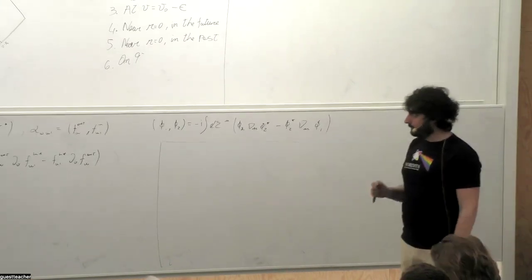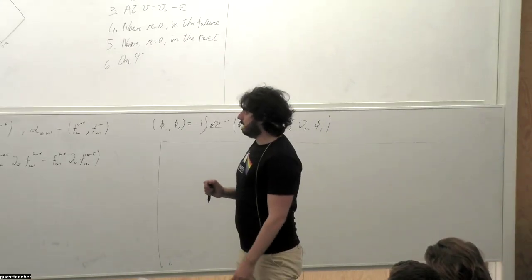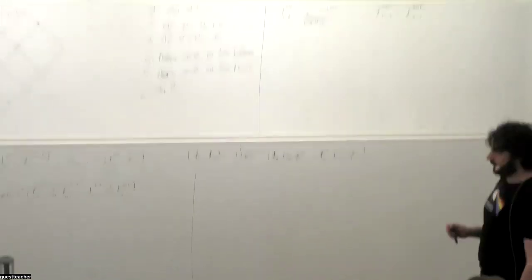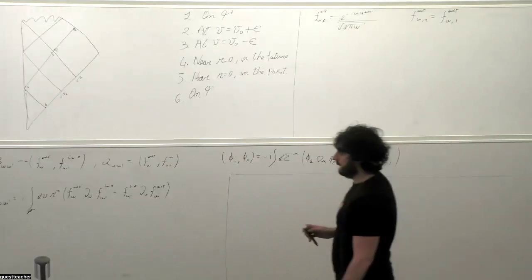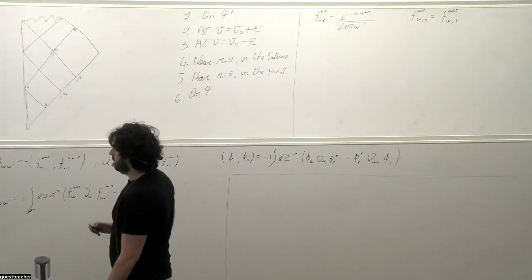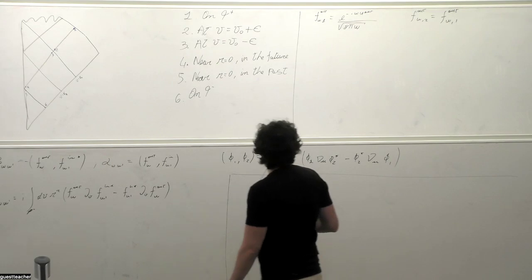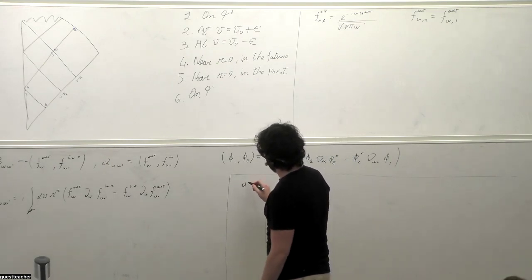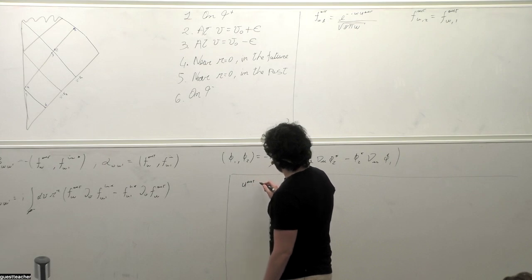At point 2, the metric is Schwarzschild. Point 3 is Minkowski. So at point 3, what we need to write is u out in terms of u in.